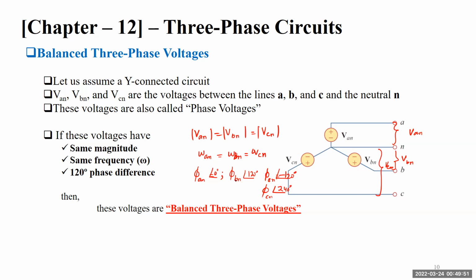In this case, we have a balanced three-phase source, or balanced three-phase voltages. This is also a terminology that is used in the literature.